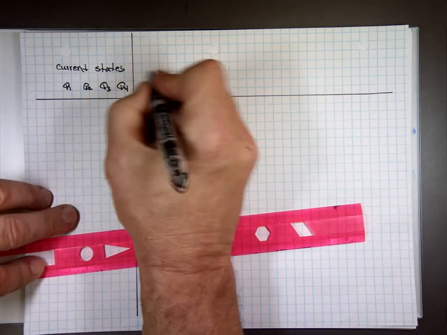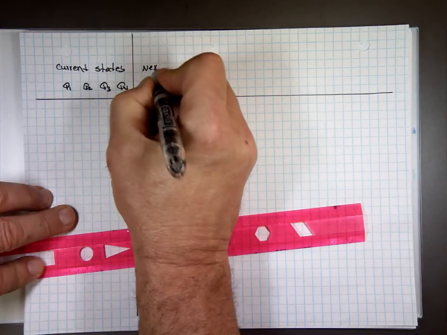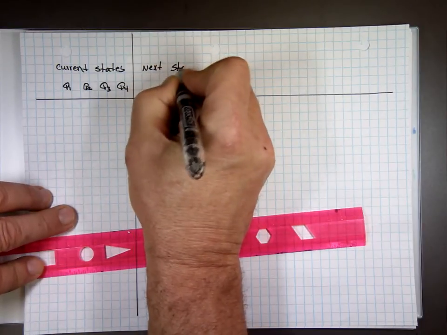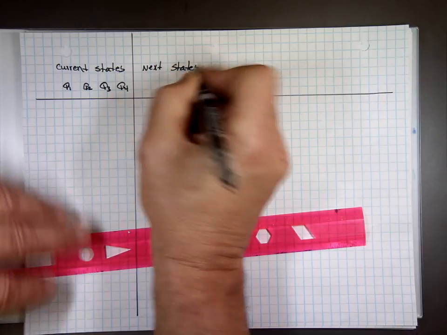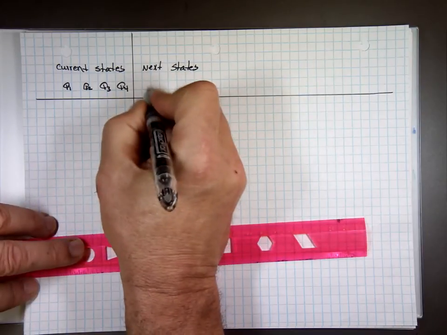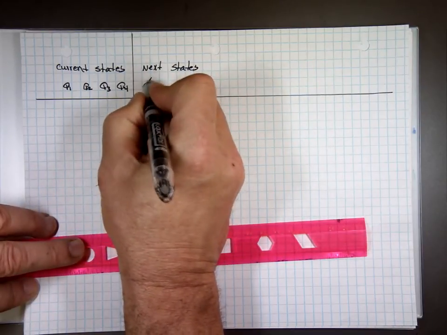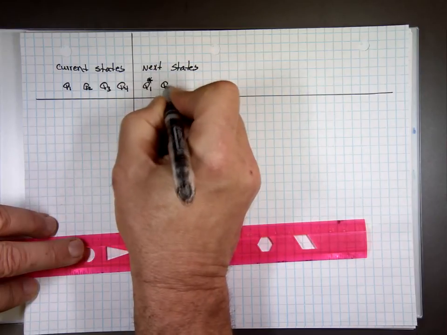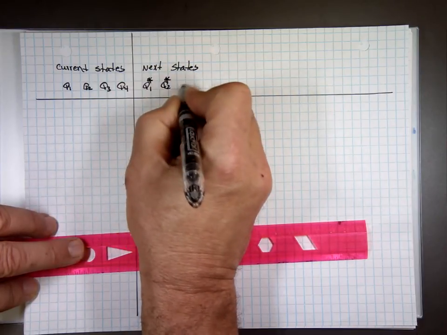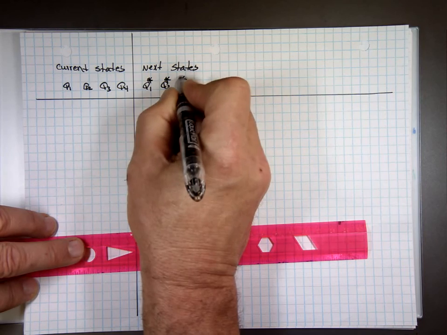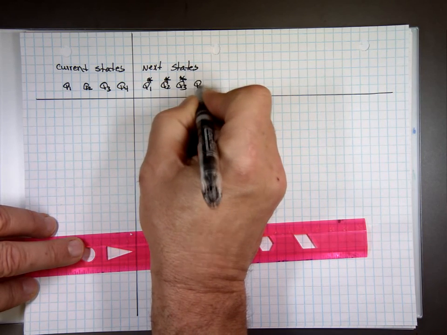This is the next state. We'll call that Q1 asterisk, Q2 asterisk, Q3 asterisk, the next one, and Q4 asterisk.